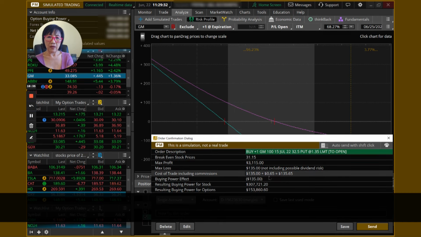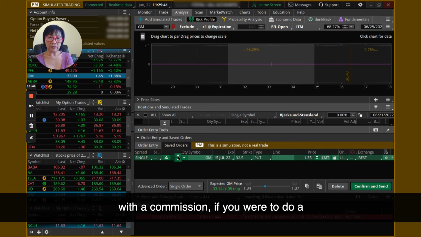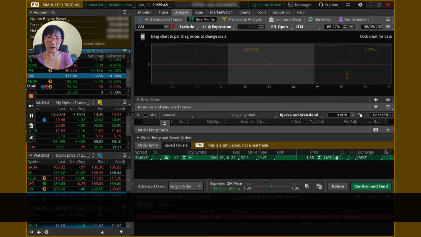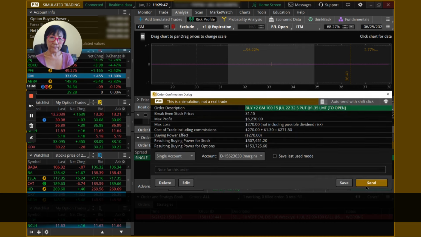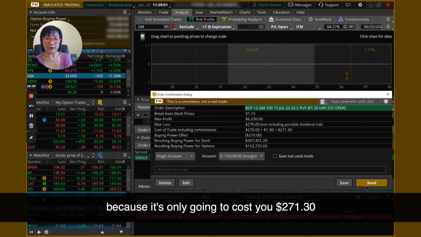Now, you could go to edit and let's see what happens with the commission if you were to do 2 contracts. You should still have enough money here because it's only going to cost you $271.30.